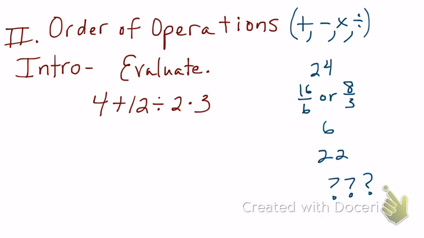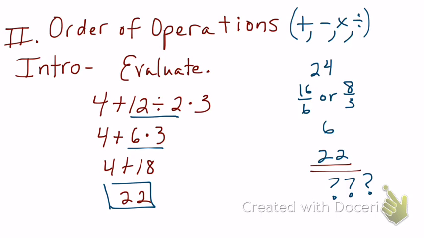So we actually divide here first. So this will become 4 plus 6 times 3, and then next we multiply. So it'll be 4 plus 18. So 22 was the right answer. So let's go through the order of operations.